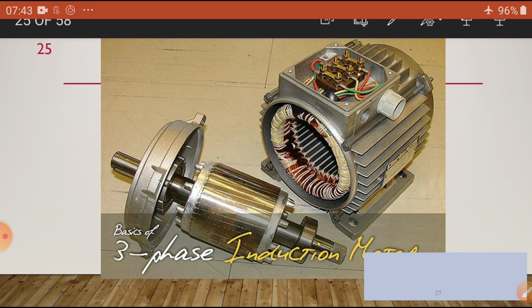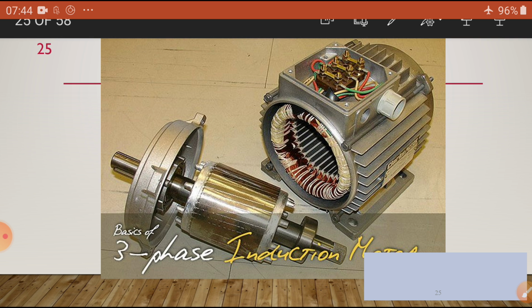The open circuit test, that is the no load test, should be conducted on the LV side, and the HV side is open circuited. In the short circuit test, the power is given to the HV side, and the LV side is shorted.